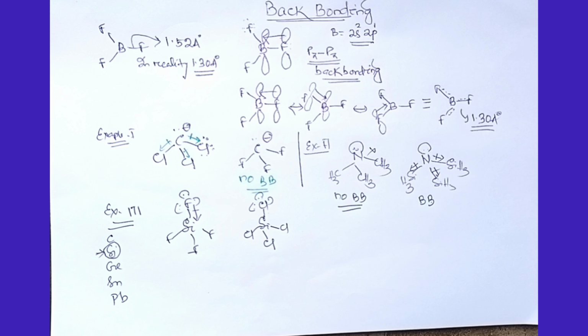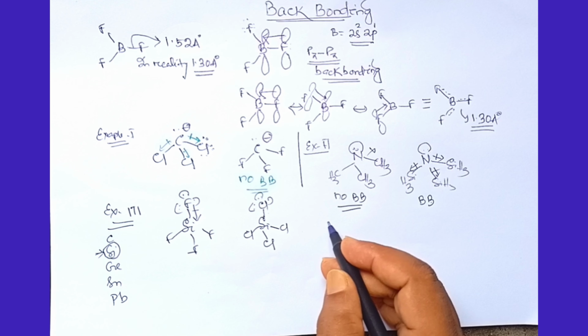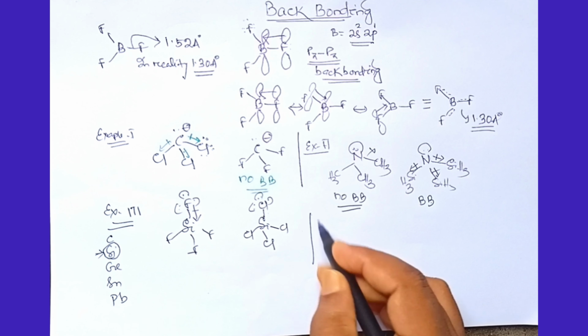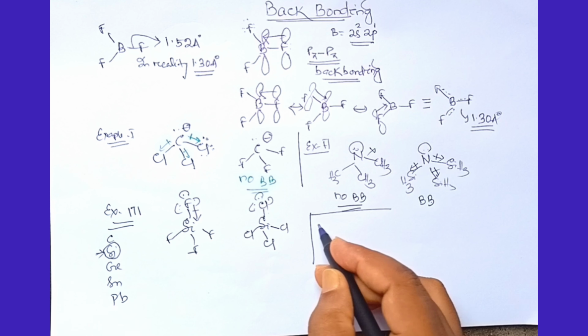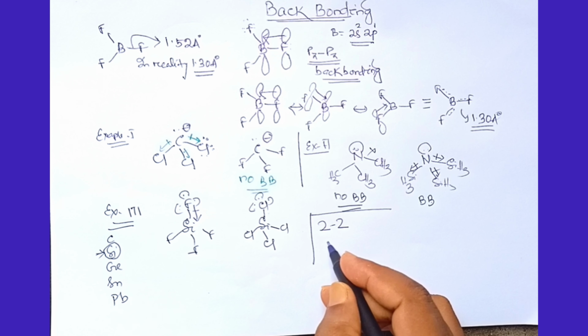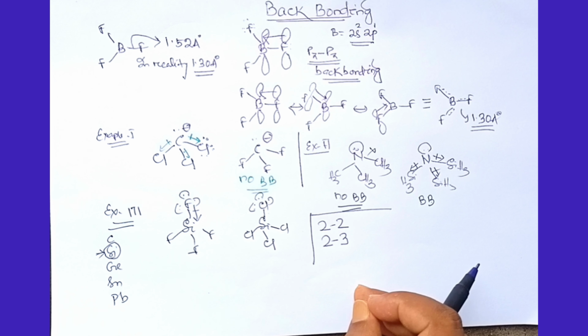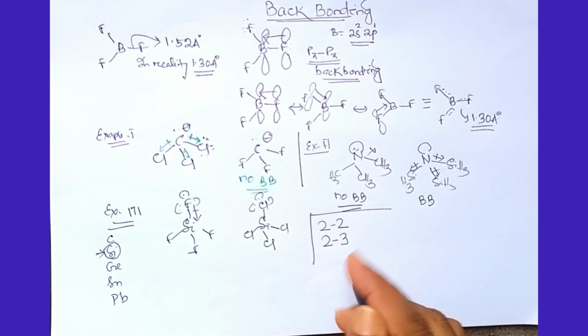But in the concept of back bonding, we have to remember one very vital and fundamental thing. Whenever back bonding takes place between 2-2, it is effective back bonding. When it takes place between 2-3, back bonding is possible, but a little bit less.